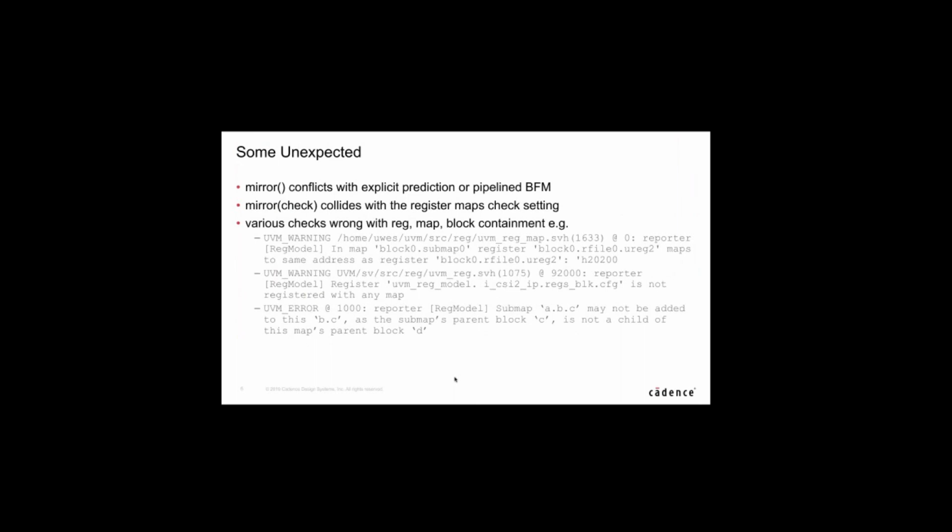But that's it for the scary stuff, and I'm moving to the summary. UVM Reg is good for standard or module-level use models. It has been used successfully, and it's doing its job there. No big deal.